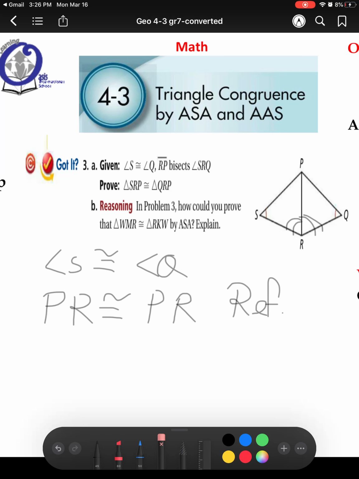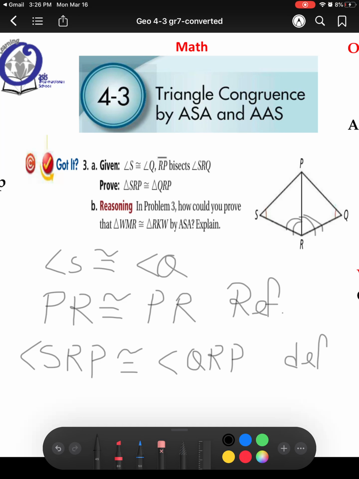So I will say that angle SRP is congruent to angle QRP. What do I write? Definition of the word bisect. So now I need to write that the first triangle is congruent to the second triangle.